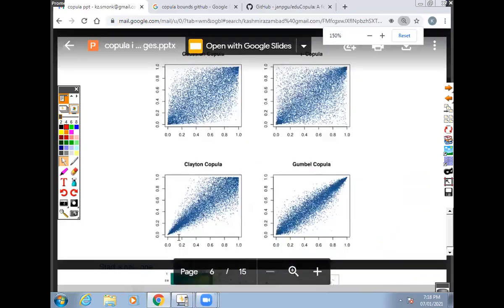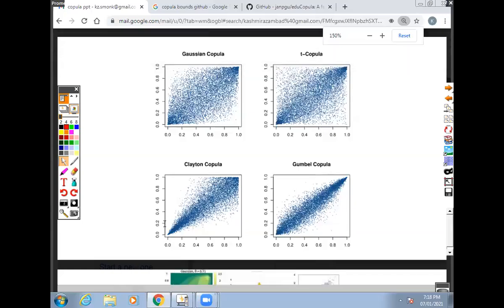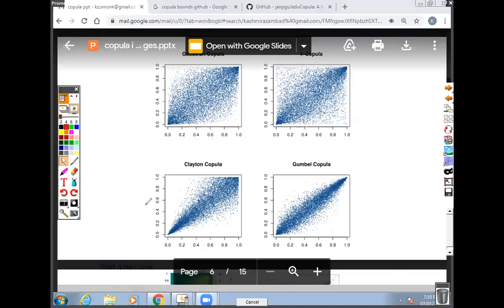So whenever I was talking about how some copulas are very good at capturing only the lower tail, Clayton copula is one of those copulas. Clayton copula is one of the explicit copulas for which you do have a formula.